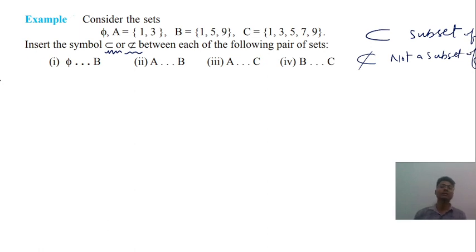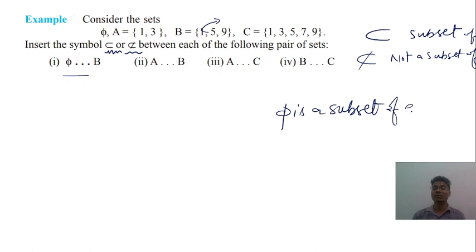Okay, so phi is a subset of B. As you know, phi is a subset of every set. So we say that yes, phi is a subset of B. Coming to the next question, is A a subset of B?